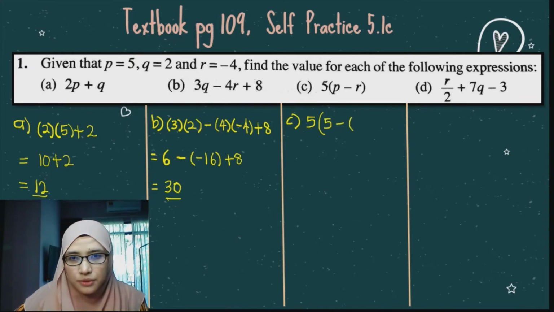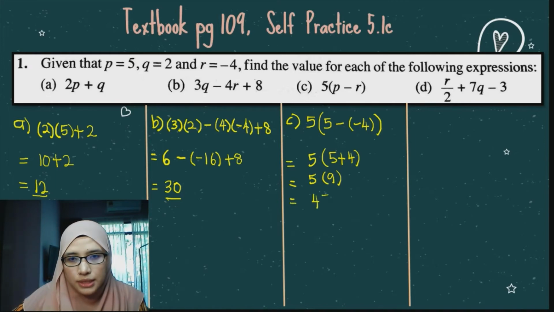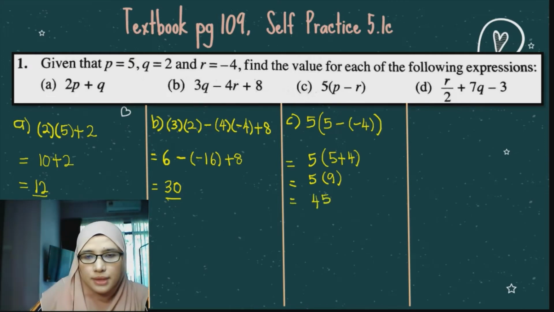So use bracket for negative number. Like so. So then next step is we calculate in the bracket first. 5 plus 4, that is 5 bracket 9, meaning 5 times 9, that is 45.